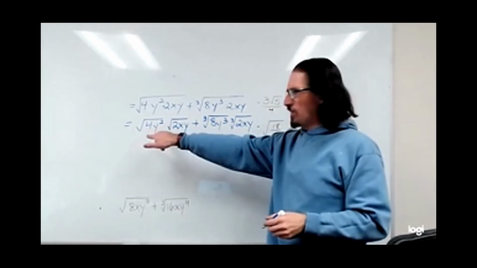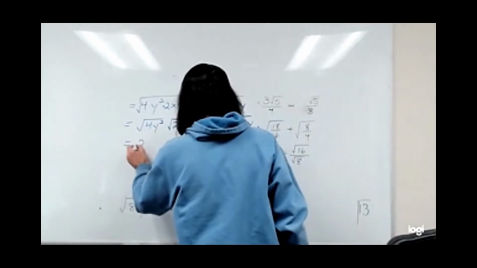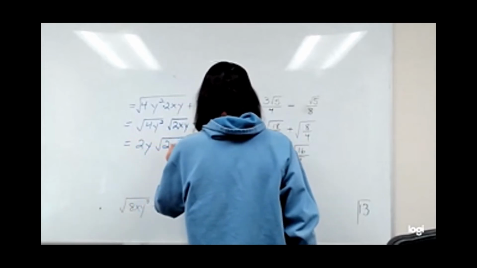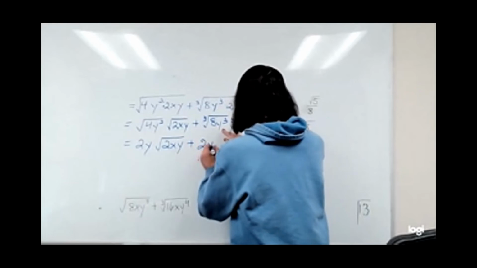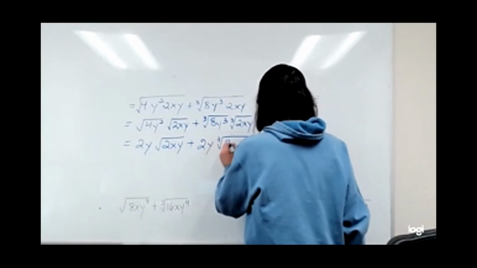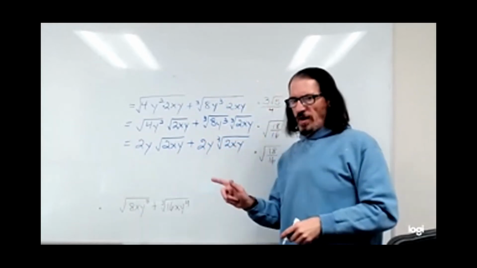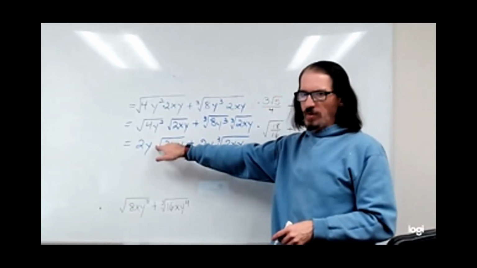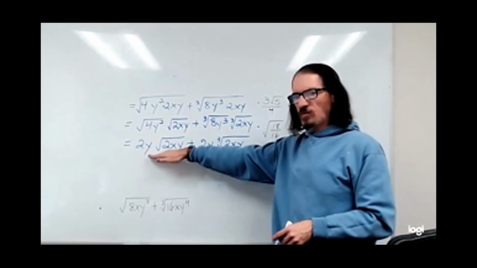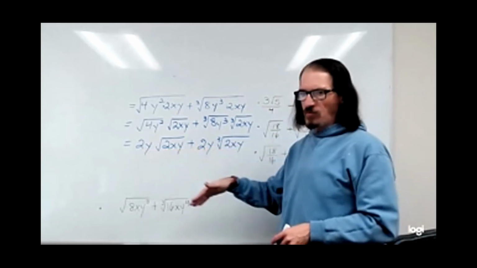Now we can take the square root of the 4, take the square root of y squared, take the cube root of 2 and the cube root of y cubed. Keep in mind though, these were not like radicals right from the start because of the different indices. So although we could simplify, we cannot do anything to add terms here.